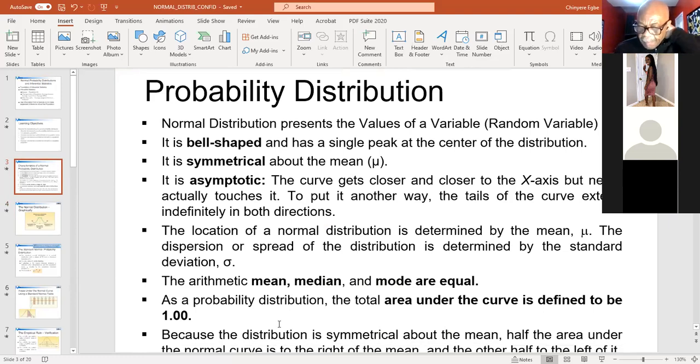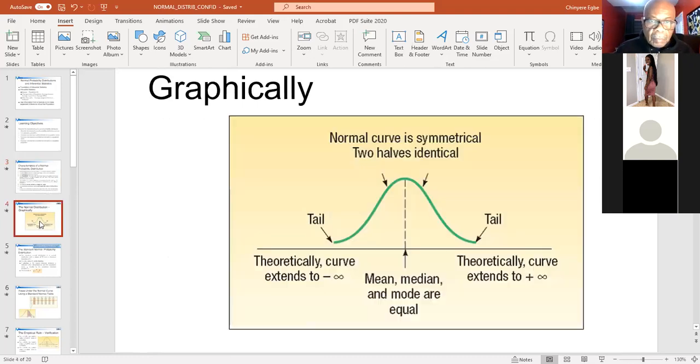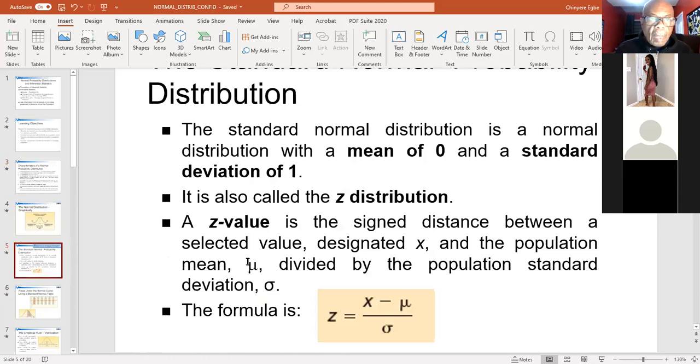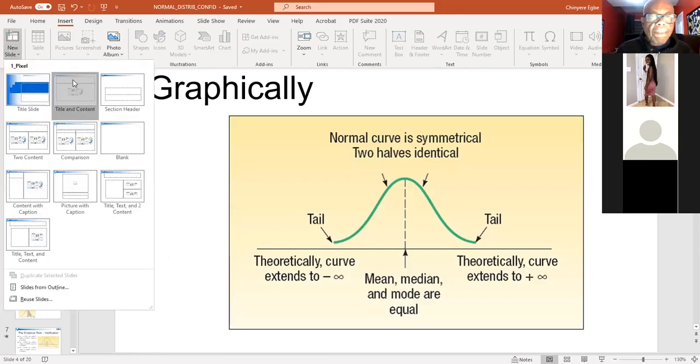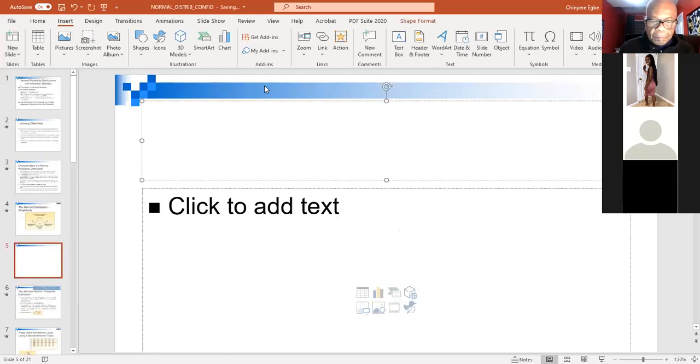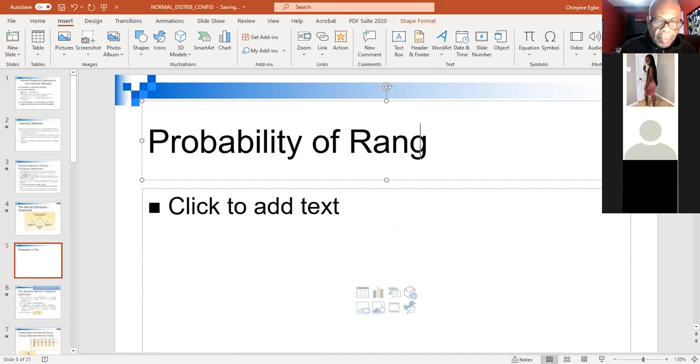And so the probability, and I'm going to illustrate those probabilities, of having any set of values, the probability of ranges of values.